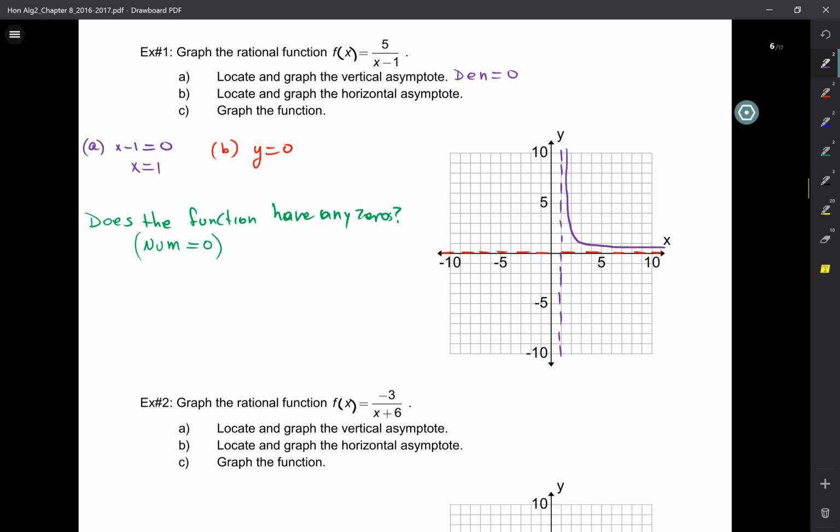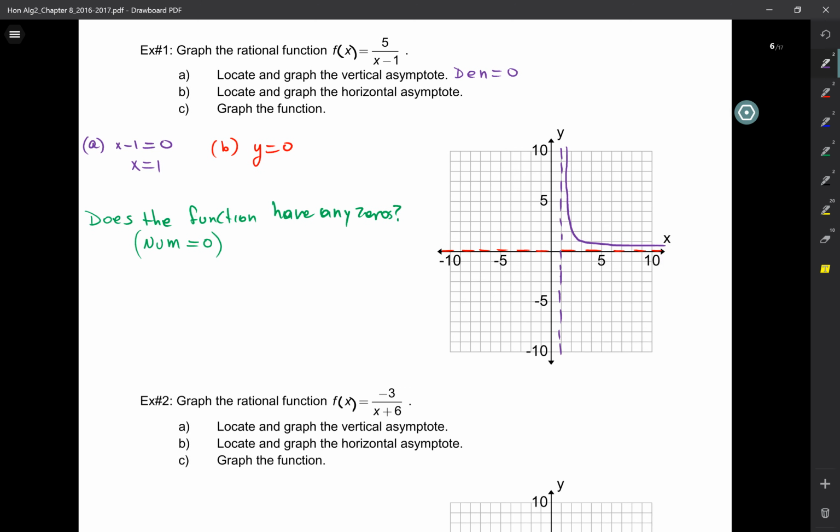Now, you know those video games where the character exits the screen and then re-enters on the opposite side of the screen? It's sort of like that. If the graph exits upward like that, it enters from the bottom on the other side of the asymptote.